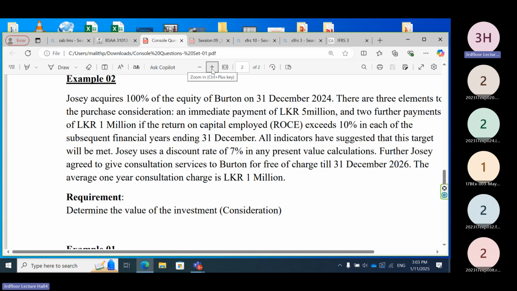Right. Purchase consideration, this point should be debited here. We are going to credit cash 5 million, and credit contingent consideration liability.